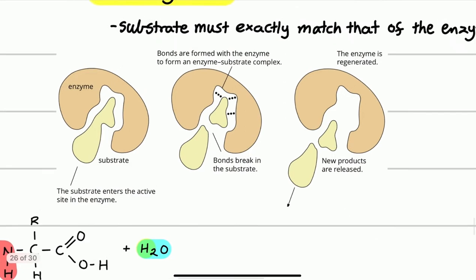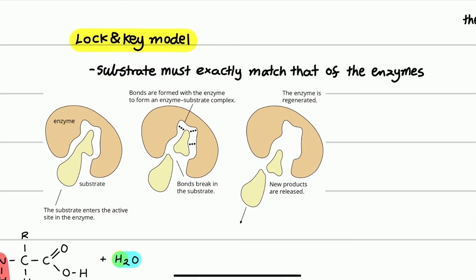Now, let's take a look at this diagram, for example. Enzymes have a region in their structure called the active site, which is just going to be this region right here, that is used to bind to the substrate. A substrate is basically the molecule that binds to the active site to get the reaction catalyzed. The general gist of how this works can be demonstrated by the diagram here.